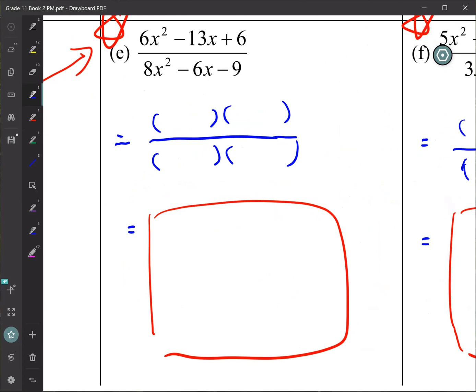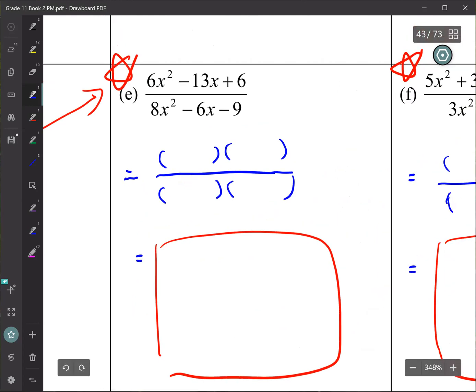Question E, the numerator, the factors. You need to cross factor.